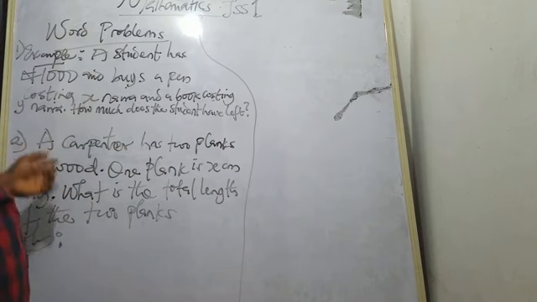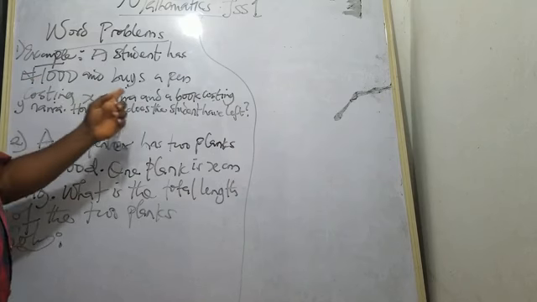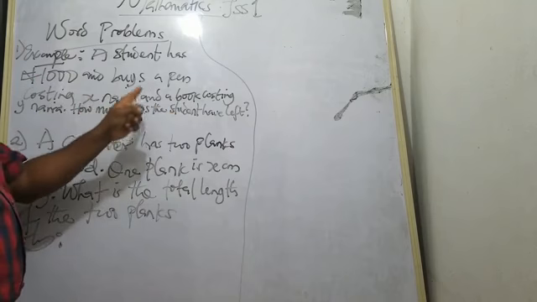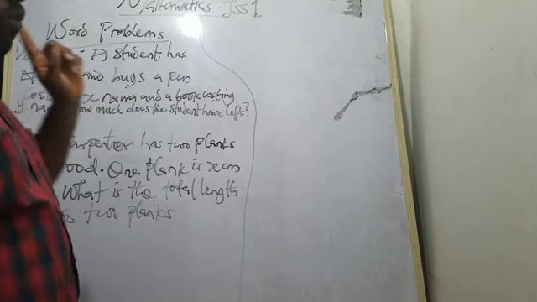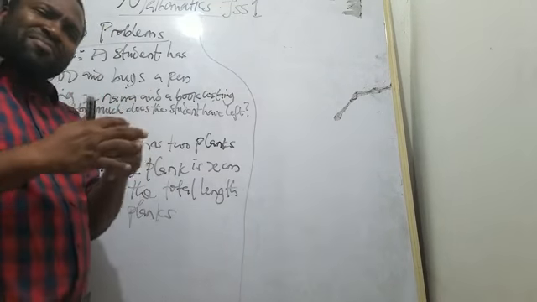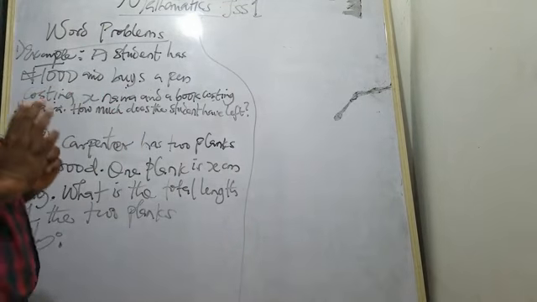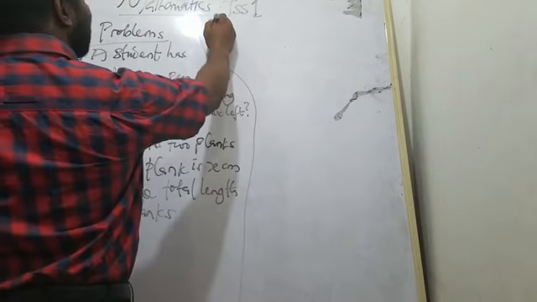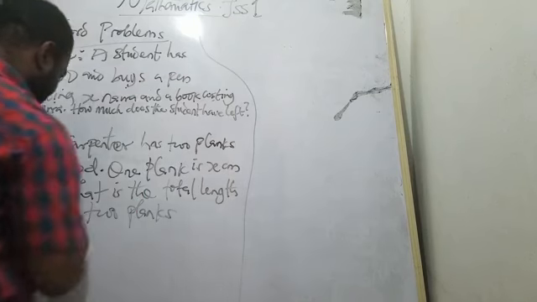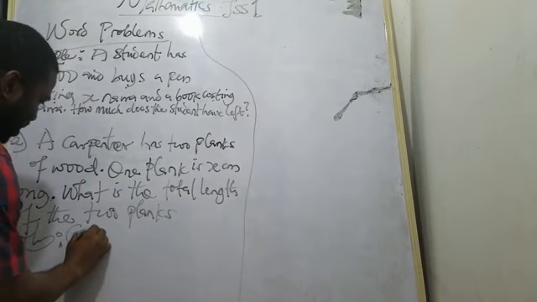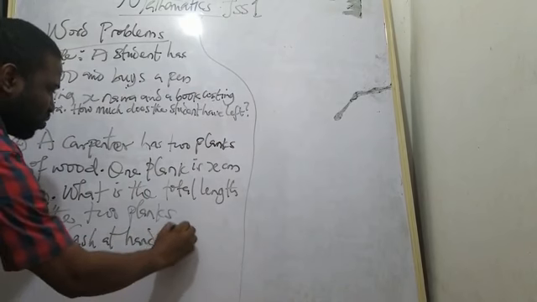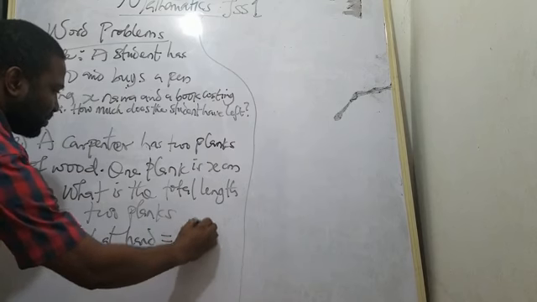A student has 1,000 naira and buys a pen costing X naira and a book costing Y naira. Now they say the student has 1,000 naira. Are you following me? We have 1,000 naira cash at hand. Cash at hand is equal to 1,000 naira.